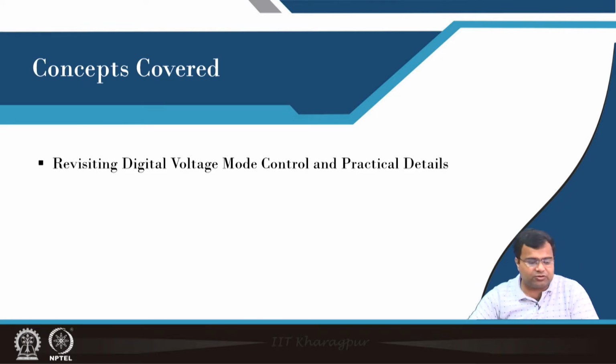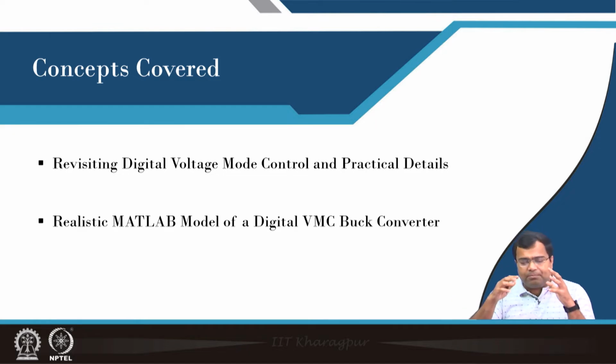We want to first revisit our digital voltage mode control with some practical detail. We have to consider all the realistic voltage gains and the controller gains, and we want to include these in the MATLAB model. That MATLAB model will now become a more realistic buck converter.